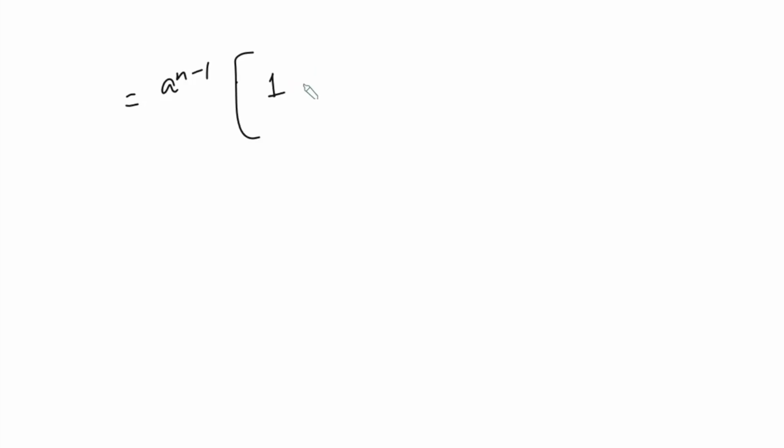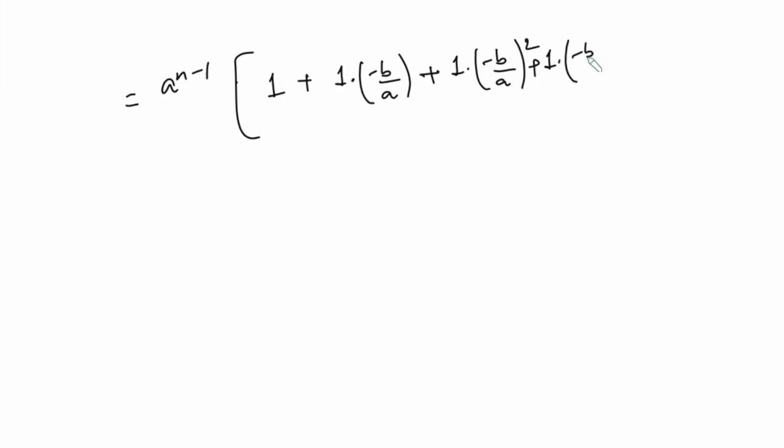So the second term will be a times r, so plus a times r. The next term will be a times r raised to the power 2. The next term will be a times r raised to the power 3, and so on, right?